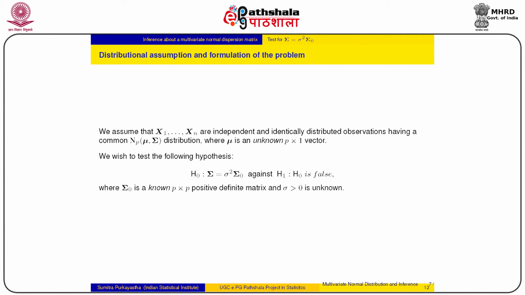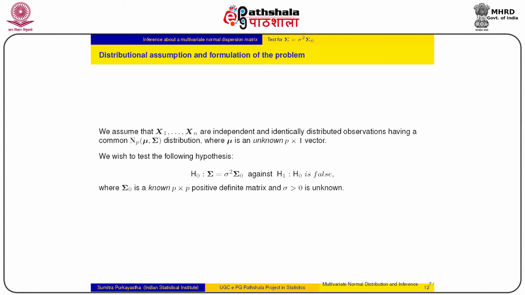Let's see. As before, as in the first problem, we assume that x1, x2 up to xn are independent and identically distributed observations having a common multivariate normal distribution in p dimension with mean vector mu, which is assumed to be unknown, and a dispersion matrix sigma. And we shall discuss some testing problem about sigma.